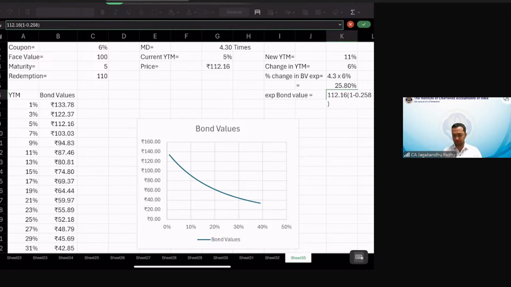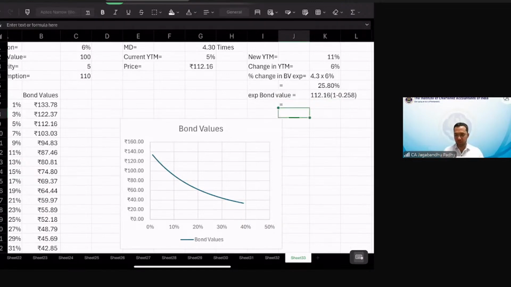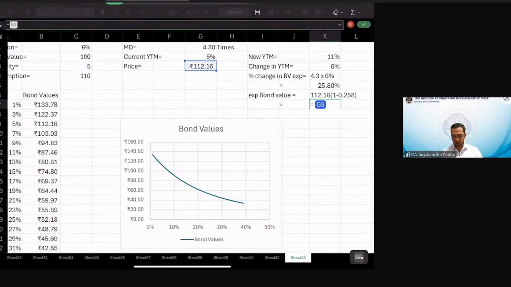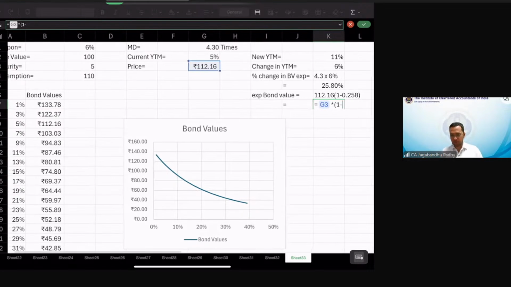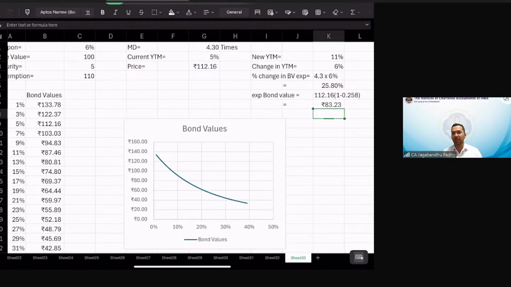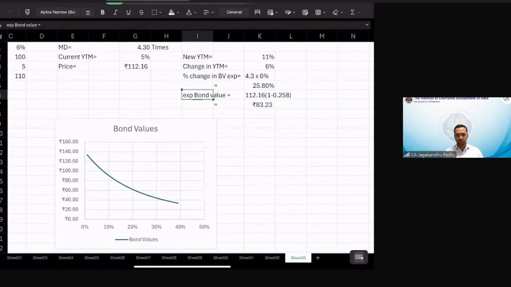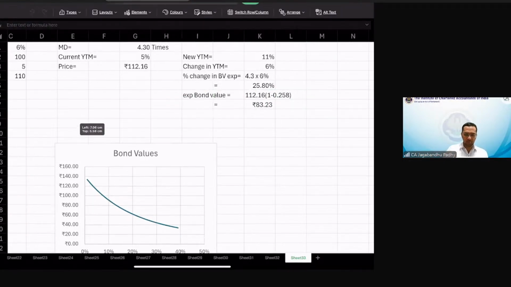So expected bond value is going to be 112.16 multiplied by 1 minus 25.8%. So that's like 83.23. You can also do it in a calculator, 112.16 minus 25.8%. So we are expecting the bond value to fall to 83.23. But what is the actual bond value?